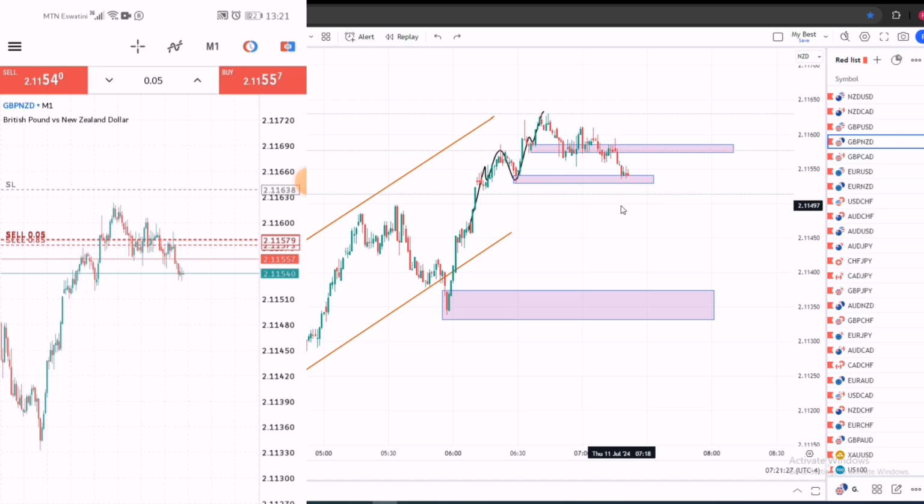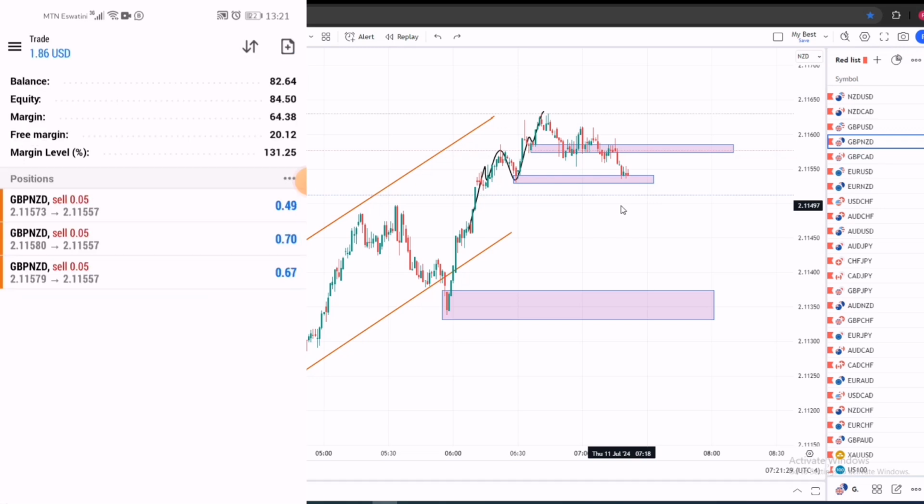You can see on my MetaTrader, the small account, this is still very small. I can't close this for now. I'm going to hold a little longer.